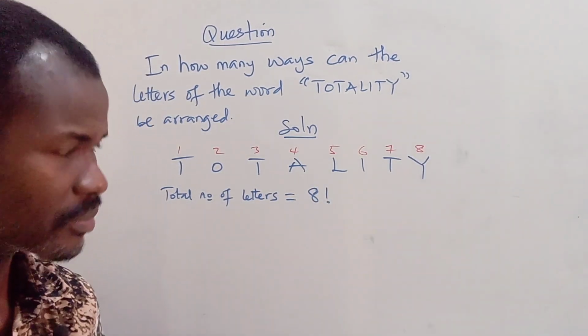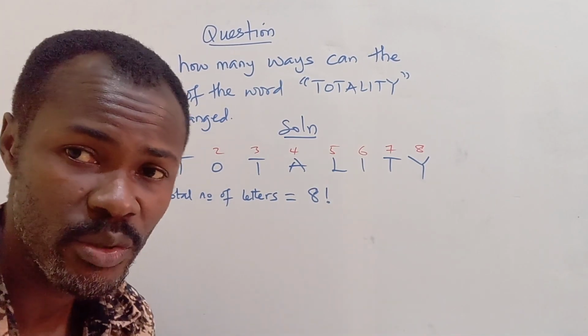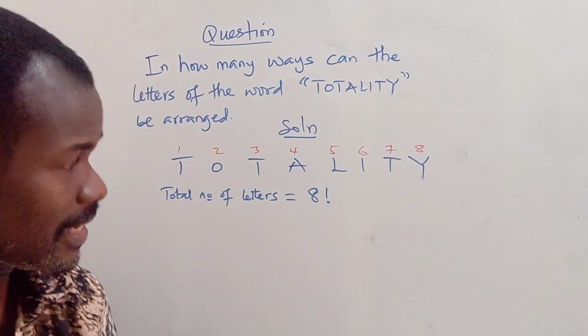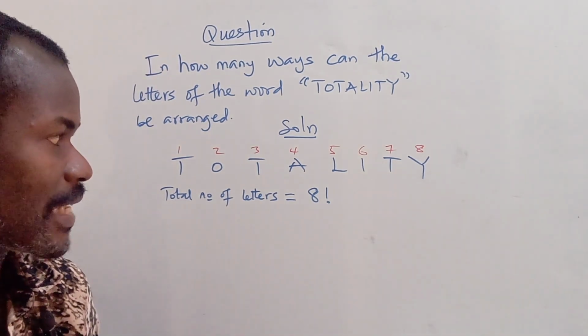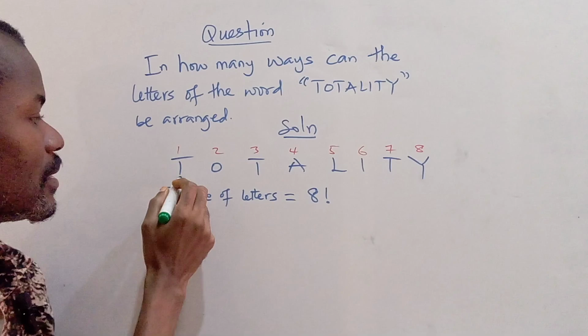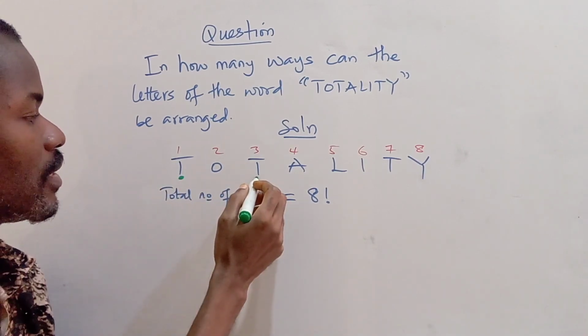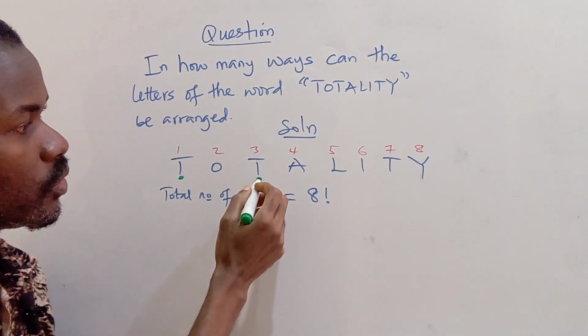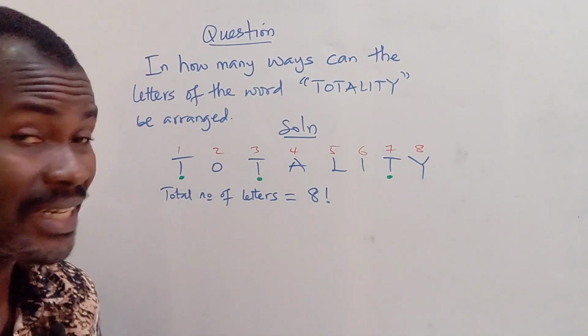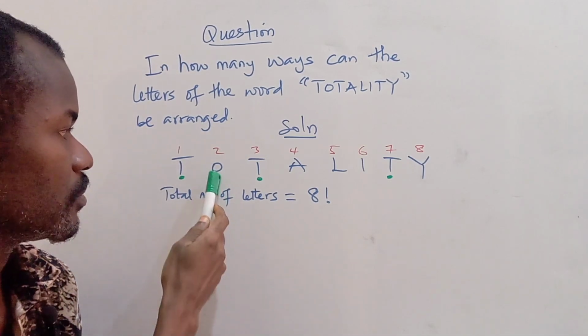Alright. Now the next step is you want to check if any letter repeats. Now, is there any letter that repeats? Yes, I can observe in the word totality, T is here 1, 2, and 3 times. Is there any other letter that repeats?